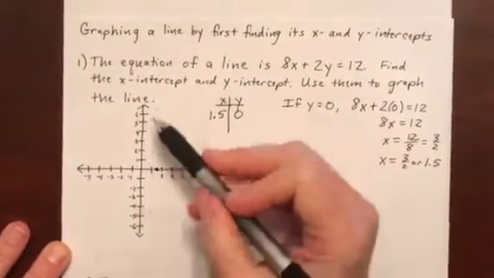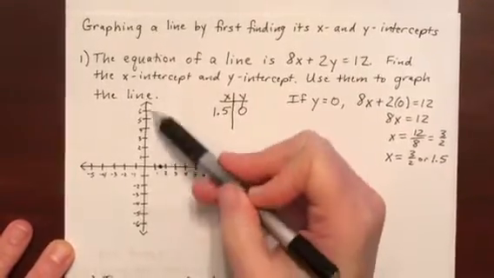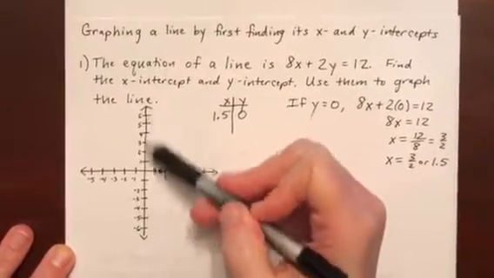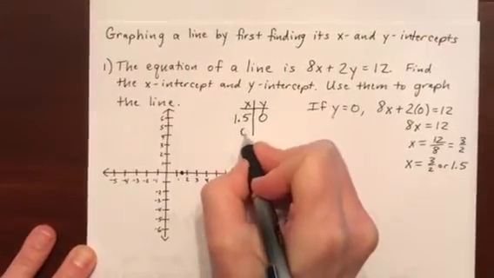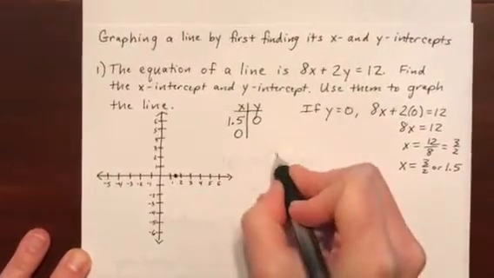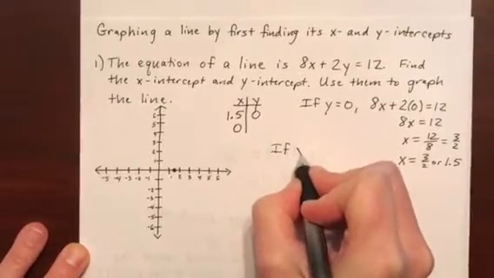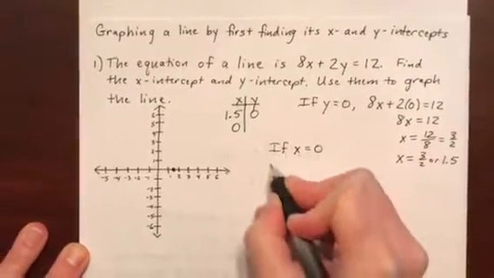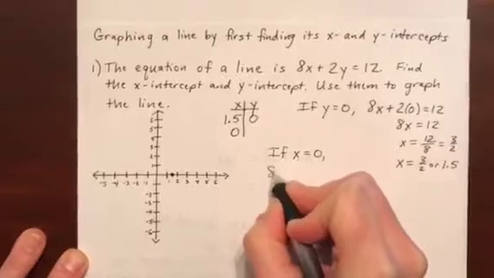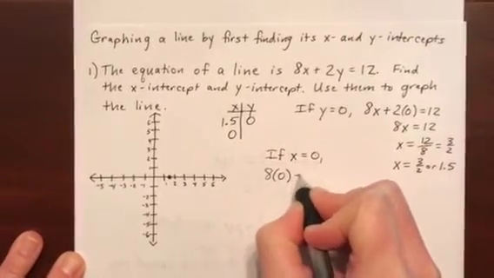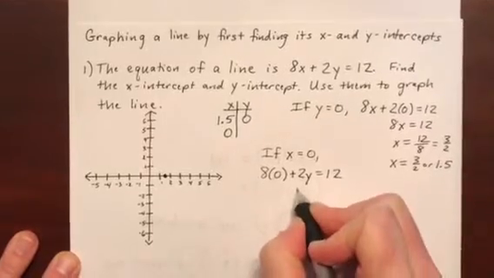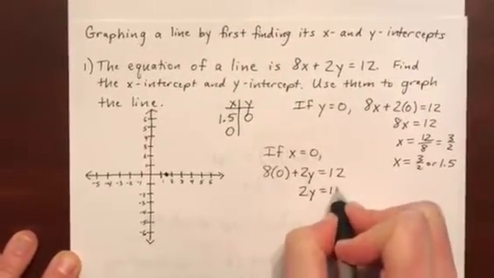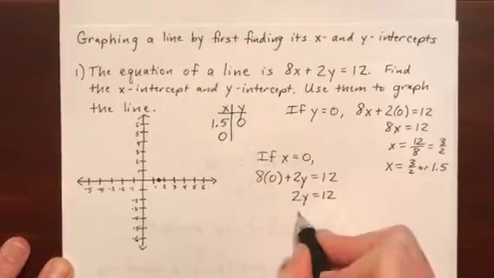Okay, and so if you think about where the line will cross the y-axis for the y-intercept, that's where the x is 0. And so next we're going to plug in x equals 0. If x equals 0, then we have 8 times 0 plus 2y equals 12, or 2y equals 12, because this term disappears.